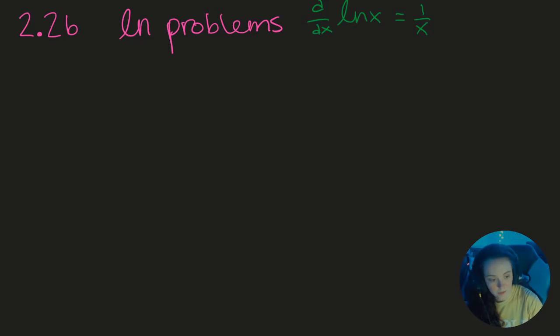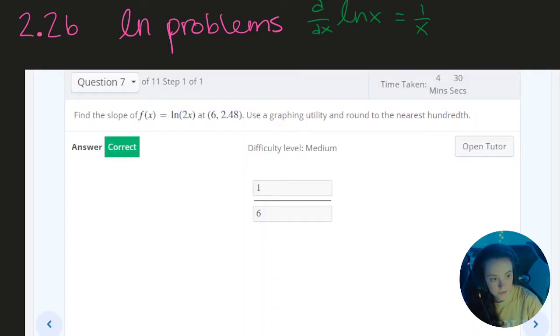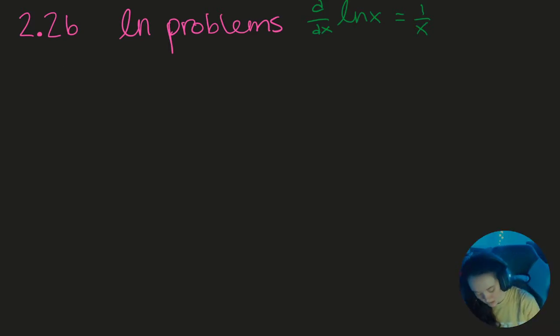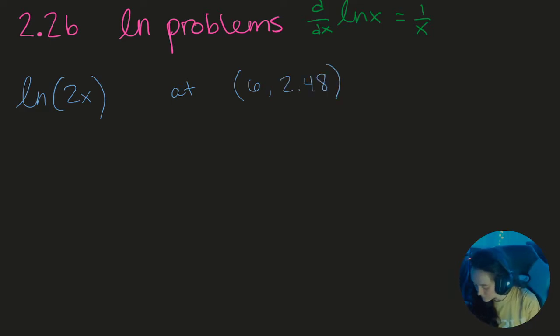So, the problem it gave me was this. ln of 2x, and then it gives me the point, at 6 and 2.48. Okay? So, you're going to find the derivative and then input your x value.